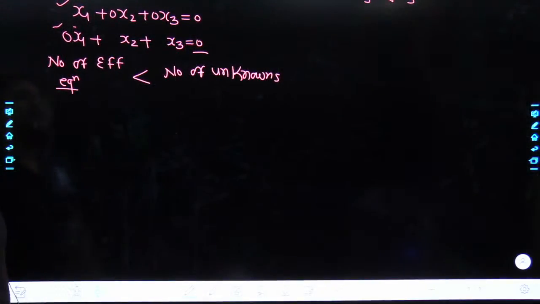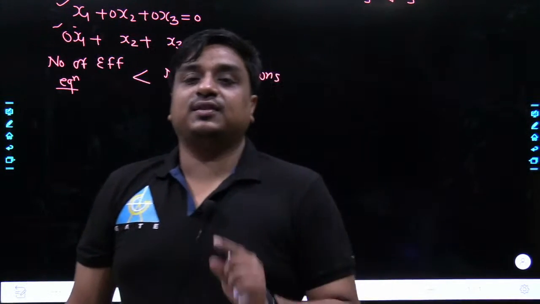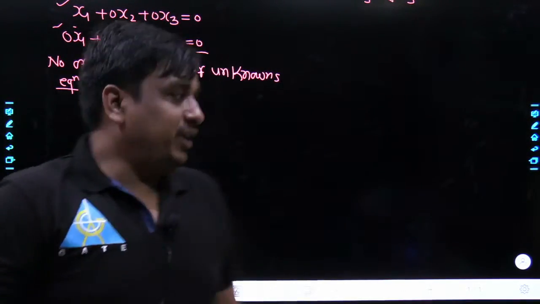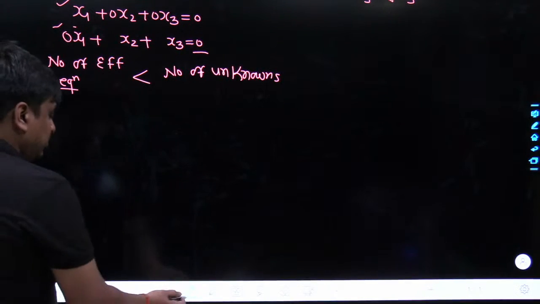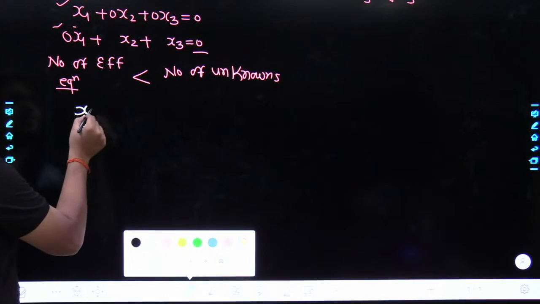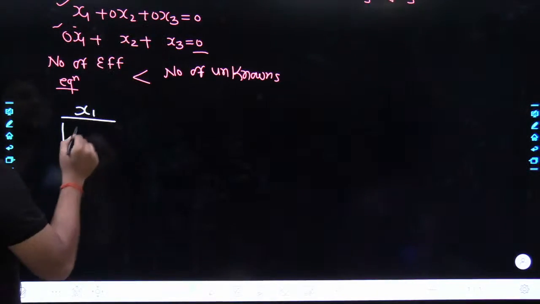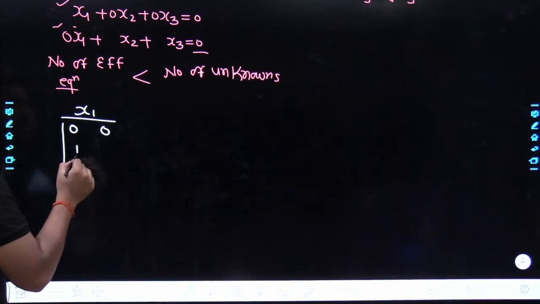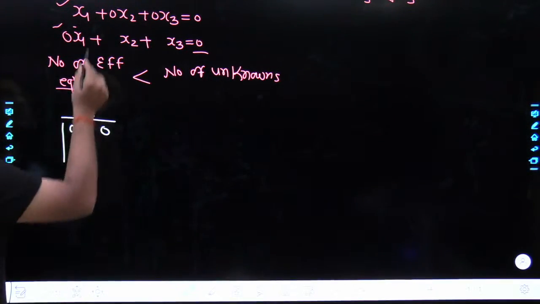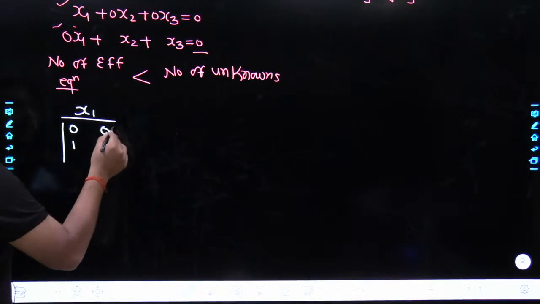So now how to deal with this sort of problem? Now x1, x2 and x3 will not have a unique value, but yes, they will follow a certain relationship. How do we get them? We calculate this using the method of cross multiplication. For x1, it would have the determinant of the rest of the terms, which are 0, 0, 1 and 1.